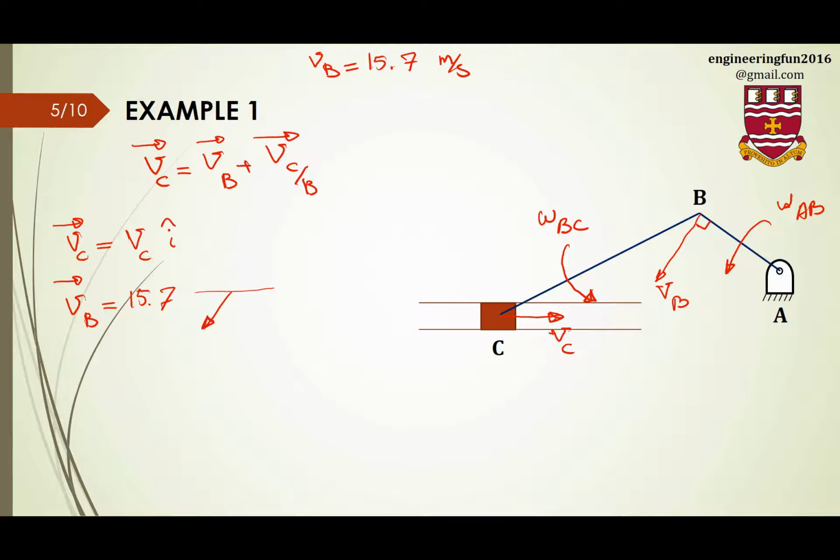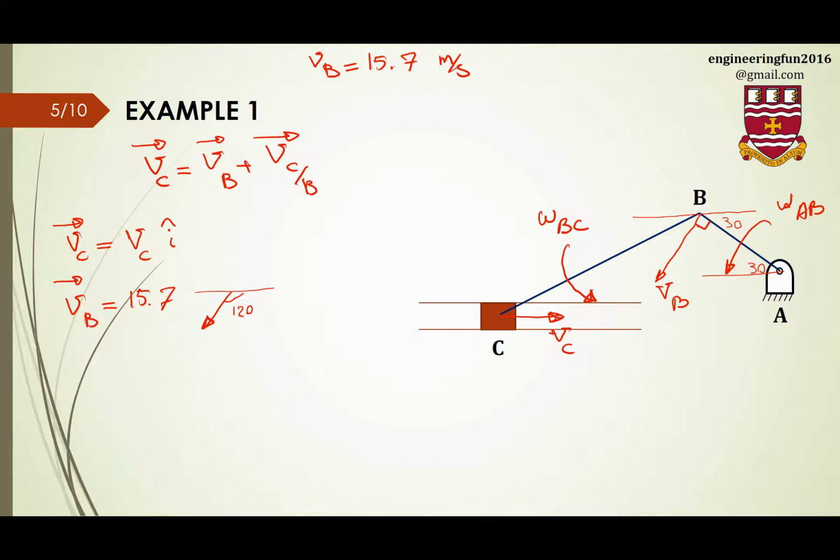This is velocity of point B, and if I draw a horizontal line here, in this question, this is 30 degrees, so the whole angle here will be 120 degrees. So that's the velocity of point B, the magnitude and the direction, sorry.